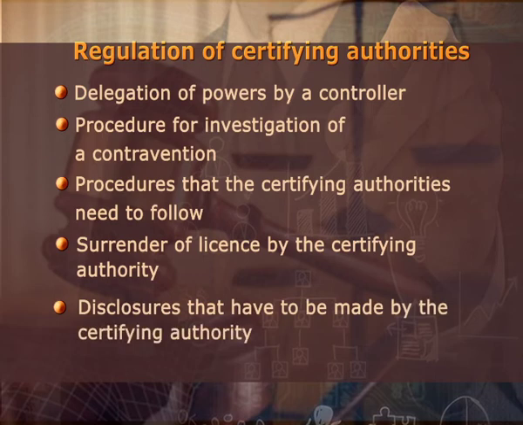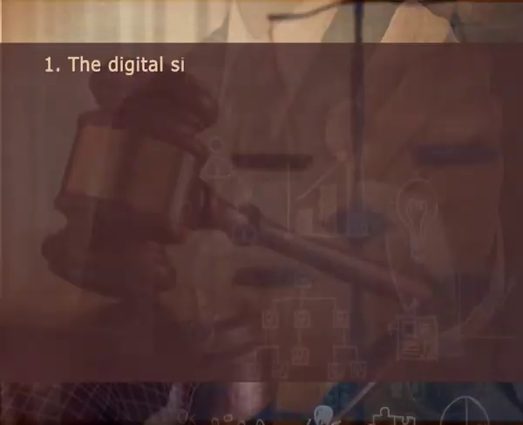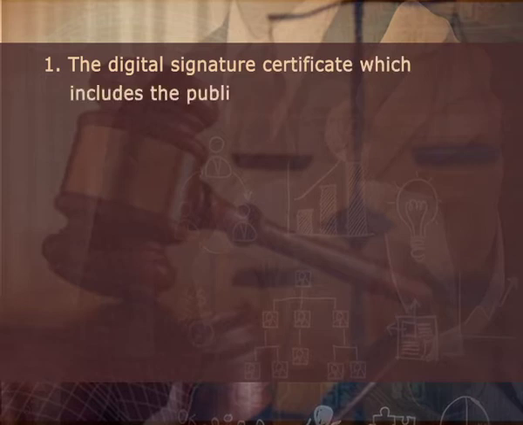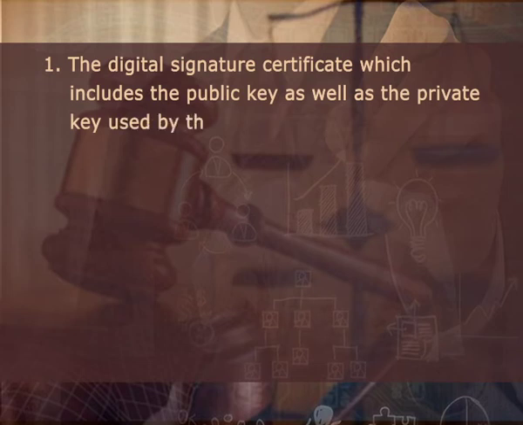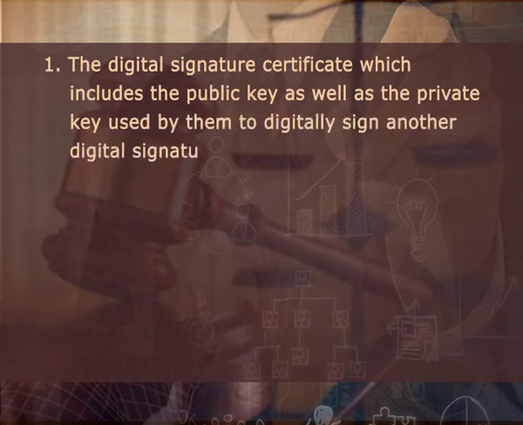Disclosures that have to be made by the certifying authority. The certifying authority shall disclose the below matters in the form as prescribed by the regulators. 1. Digital signature certificate which includes the public key as well as the private key used by them to digitally sign another digital signature certificate. 2.